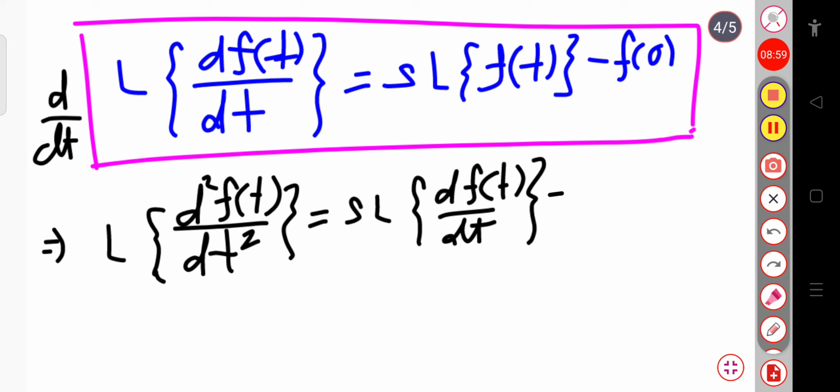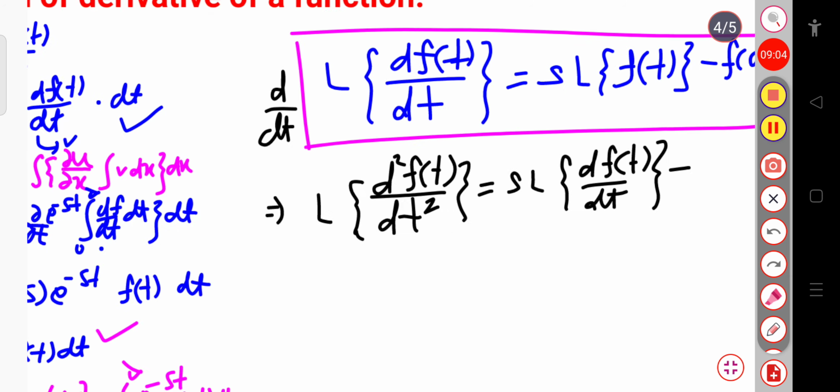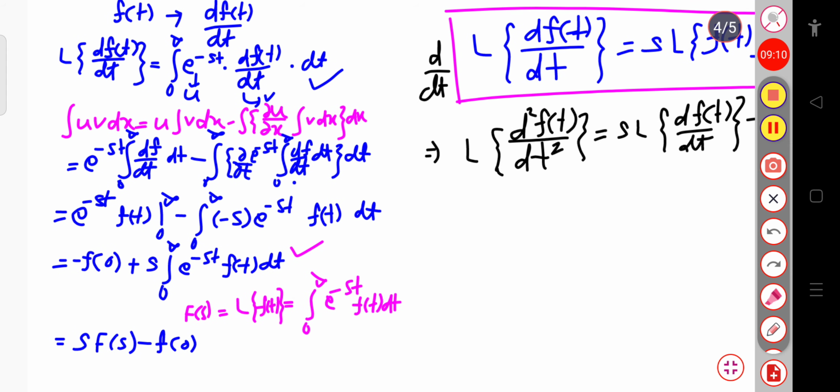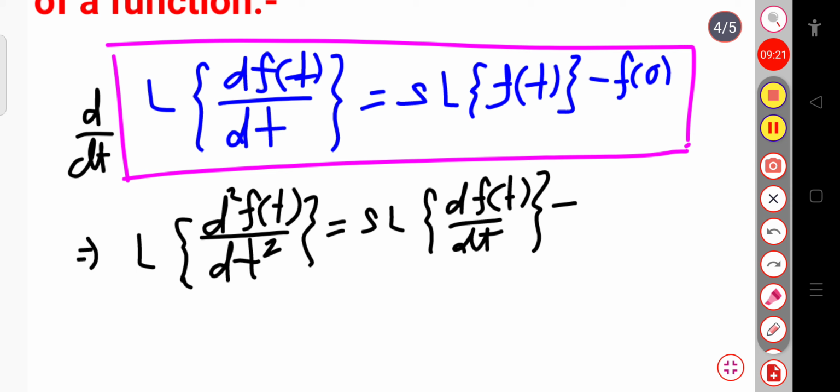Now this will be minus, in place of f of t, we have just substituted the limiting value, so here comes the result f of 0. If I consider this as f of t and finally put the limit, then when I take the derivative, this will be minus df of t divided by dt. Okay.